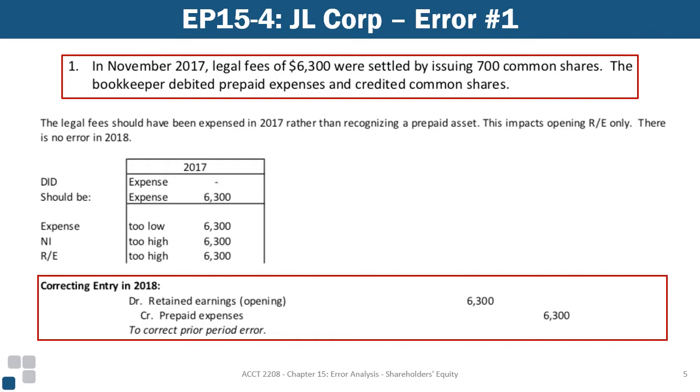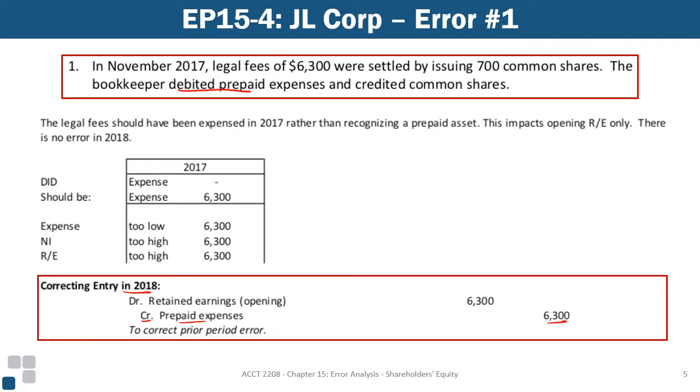So to correct that error, we have to correct it in 2018 because we cannot go back into previous years and start mucking around. Because the company debited prepaid expenses, which is an asset, we have to reduce the prepaid expenses. So there's a credit to prepaid expenses for $6,300.